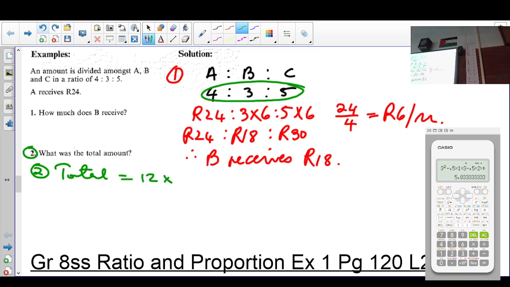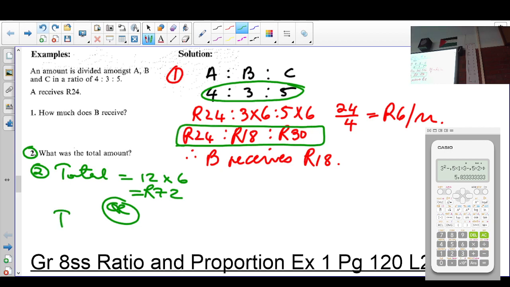It's going to be 12 times 6, which is 72 rand. Or I can add this up. Your total is going to be 24 plus 18 plus 30. 24 plus 18 is 42, plus 30 is 72 rand. Either way will get you the full amount.